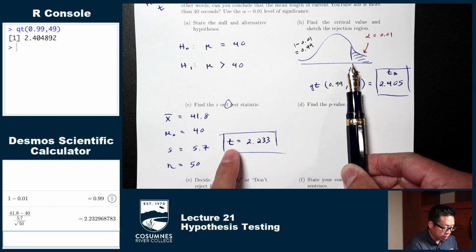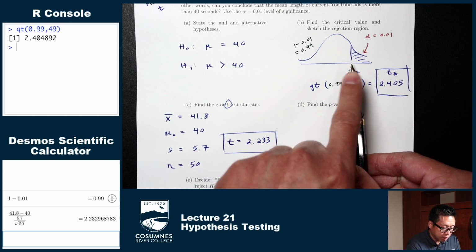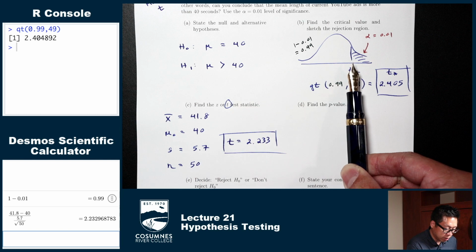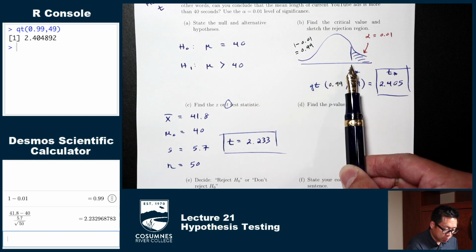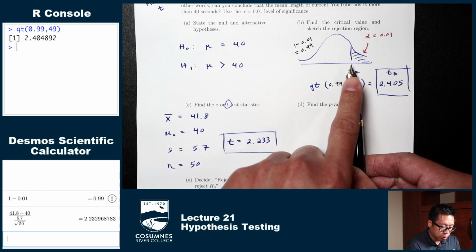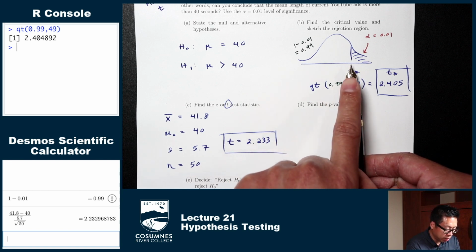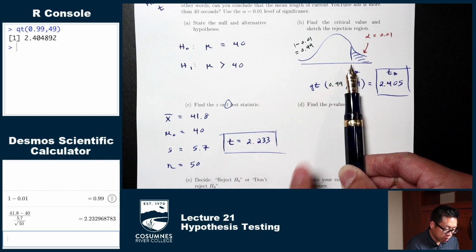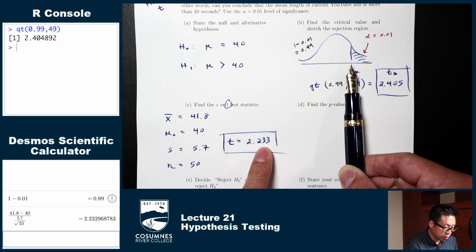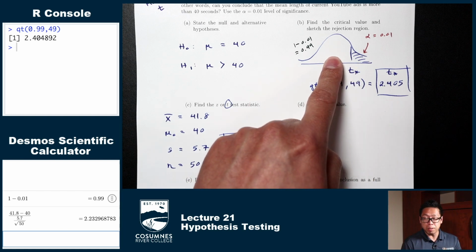The question is, would this test statistic, 2.233, be in the rejection or shaded area, or would it be in the unshaded area? This boundary here is 2.405. Where is 2.233? On a number line, 2.233 would be to the left of 2.405, which would put it in the unshaded region.